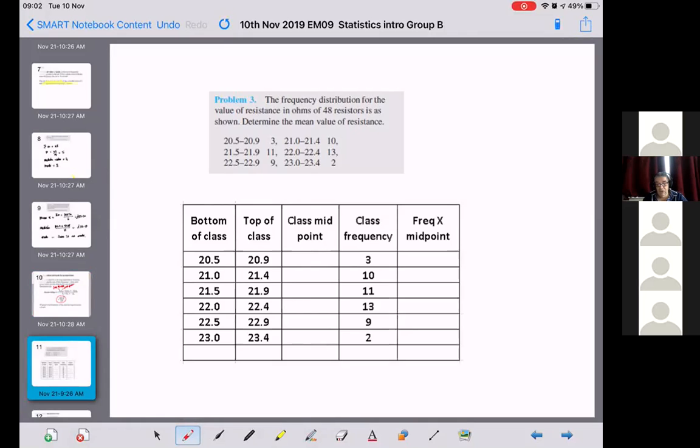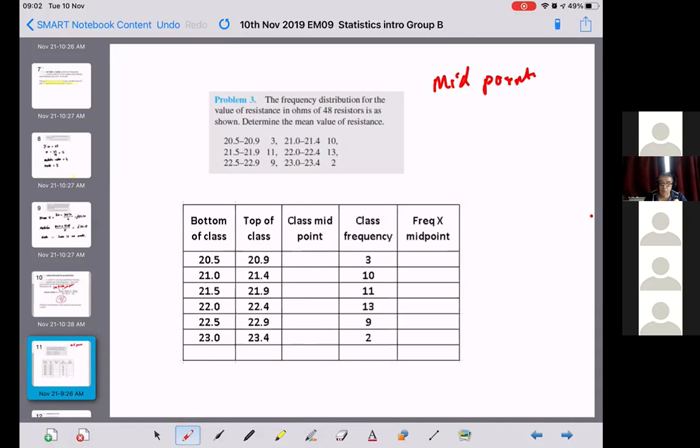So the first thing we need to do is find the midpoint values of each of these classes. What would be the easiest way to find the midpoint value? Top class minus bottom class? Or no, plus them divided by 2, sorry.